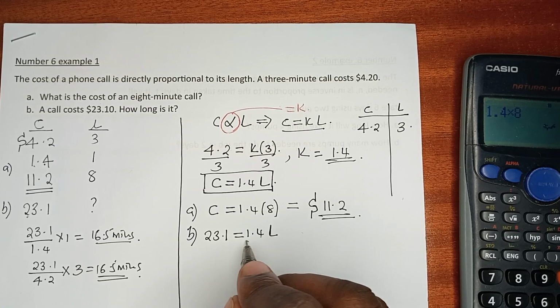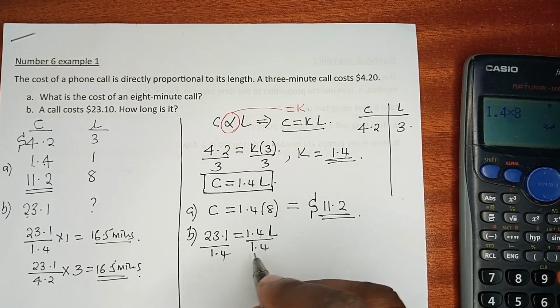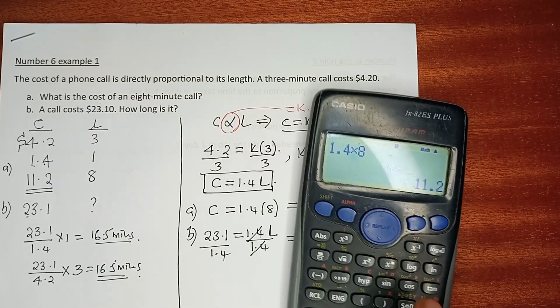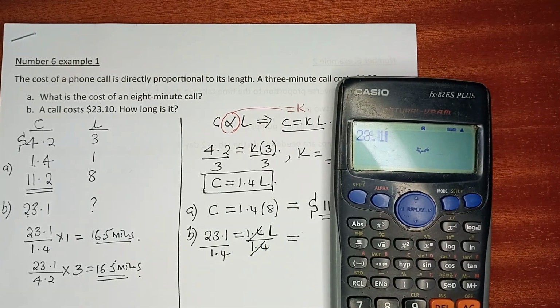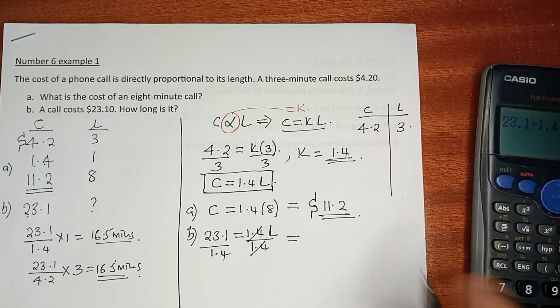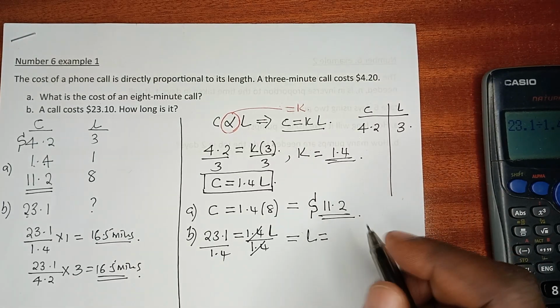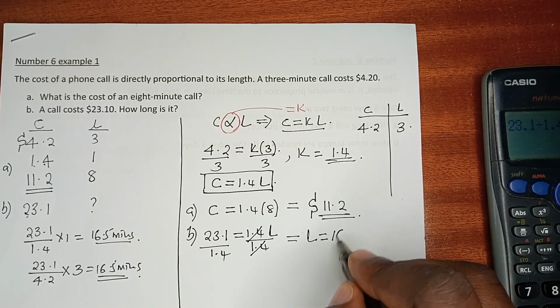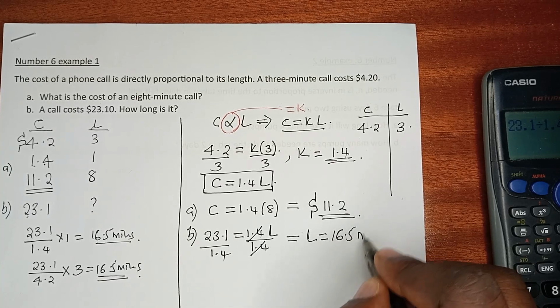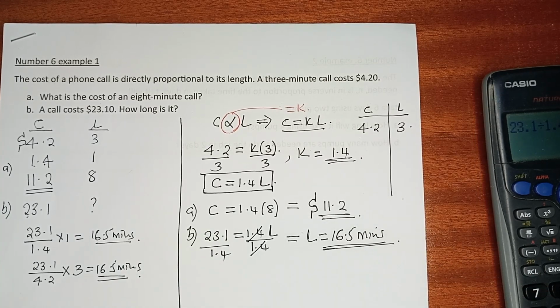The best thing is to divide everything by 1.4, and you realize that cancels out. 23.1 divided by 1.4 is exactly equals to 16.5. So the length of a call costing $23.1 is actually 16.5 minutes. And that is how you can answer the two questions.